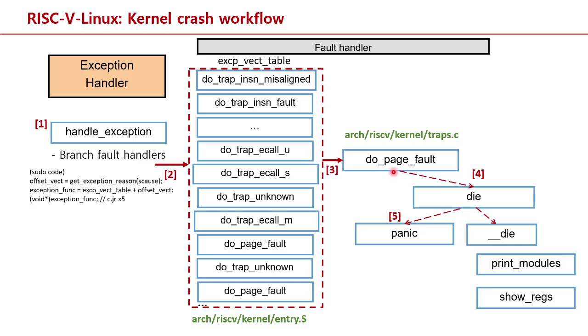And inside the page fault handler, you can see that a die function will be called. Inside it, APIs are called to print the installed modules, and it will print the set of general purpose registers and control status registers. Later, after it prints the critical debugging information, the panic function is called.